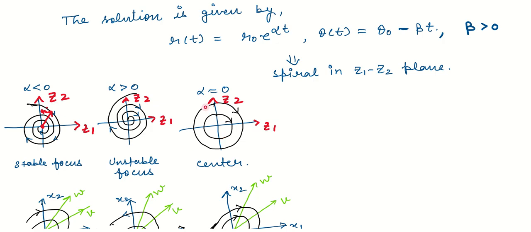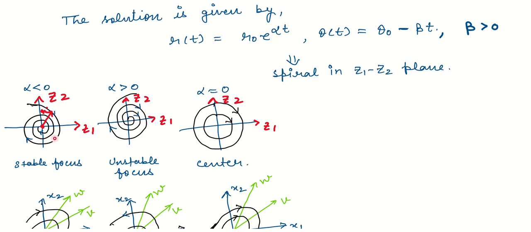It depends on the initial condition from where you are starting. You will remain there. Let's say if you are starting with r naught equal to 1, it will be a circle with radius 1. If you are starting with r naught equal to 2, you will be on the circle with r naught equal to 2. It will not decay and it will not increase because alpha is 0. So I hope you understand.